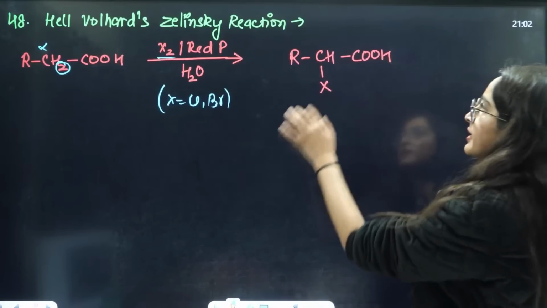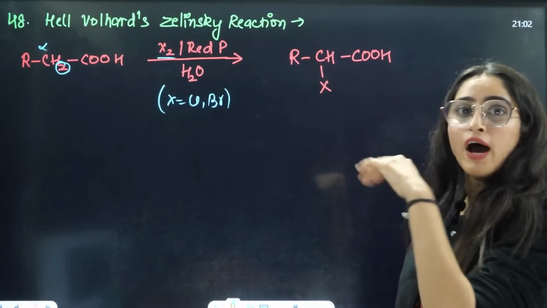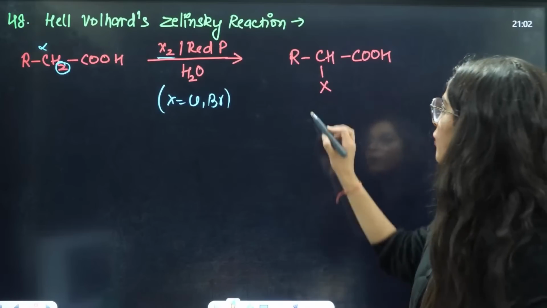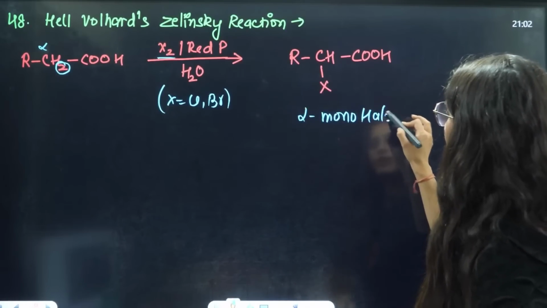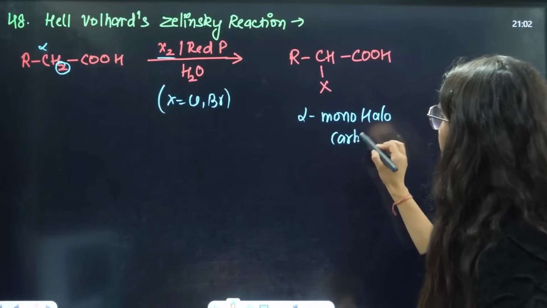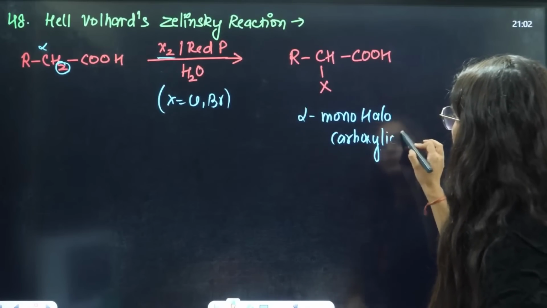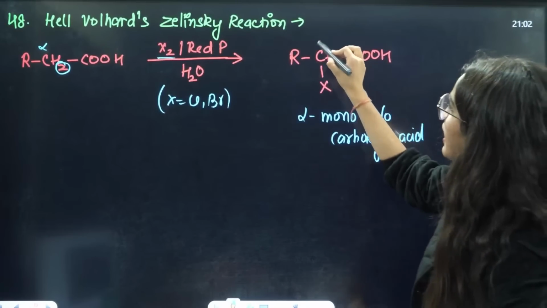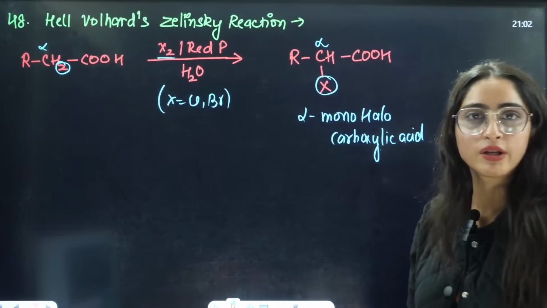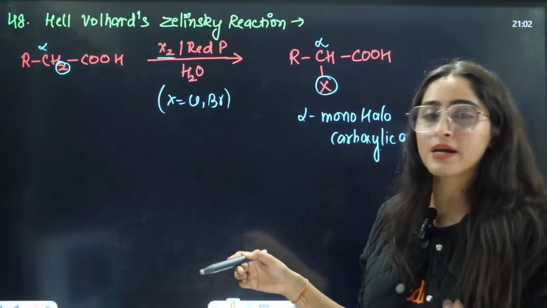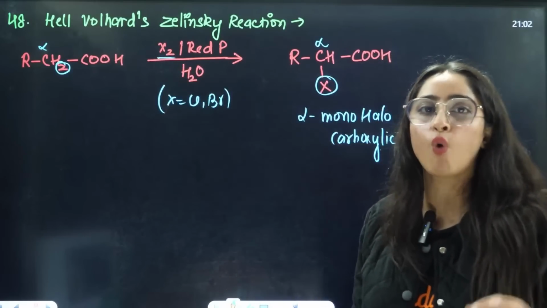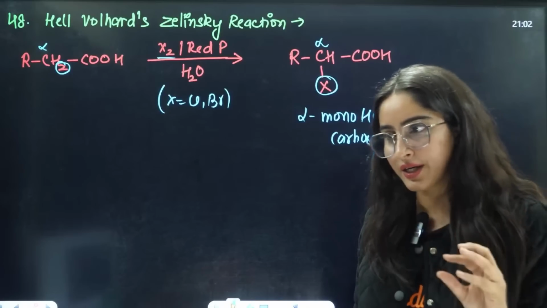So you will have an alpha mono halo compound. Alpha halo carboxylic acid will be formed. That means on the alpha position, you will have one halogen. What are the reagents? X2, that is halogen, in presence of red phosphorus and water.